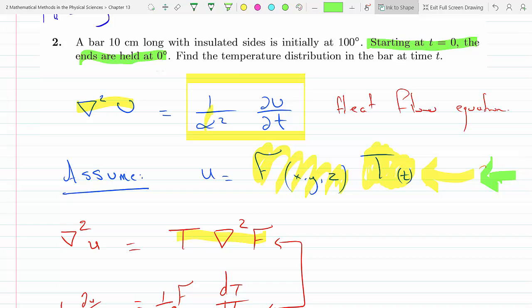Yeah, and then starting at t equals 0, the ends are held at 0, meaning when you start, both ends were at 0, but initially, right, it's at 100. So the bar is at 100 degrees.